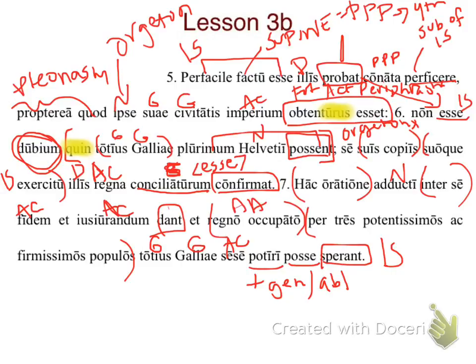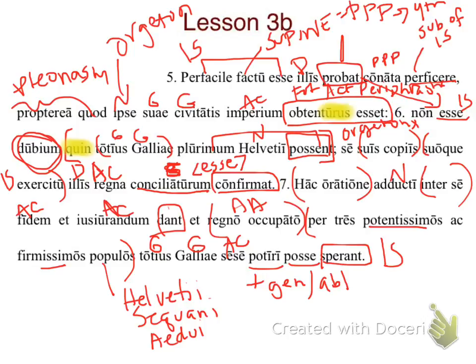With the kingdom having been held by the three most powerful and most firm peoples, okay, all these three. They hope that they themselves are able to obtain all of Gaul.